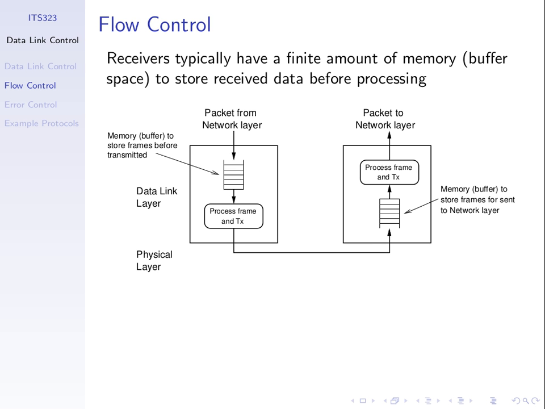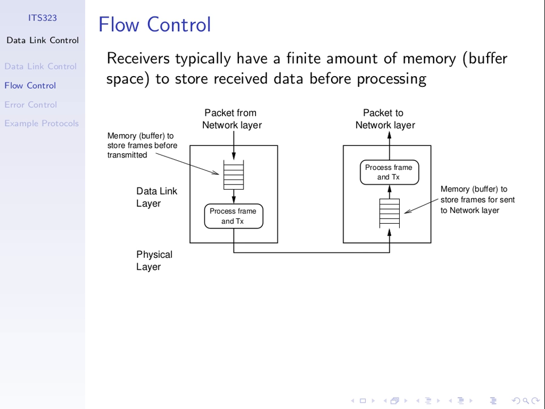So what we do is that the receiver controls the flow of data that it receives by telling the sender, slow down if you're sending too fast, or if it's not sending fast enough, speed up. So it controls the speed at which the sender sends the data.